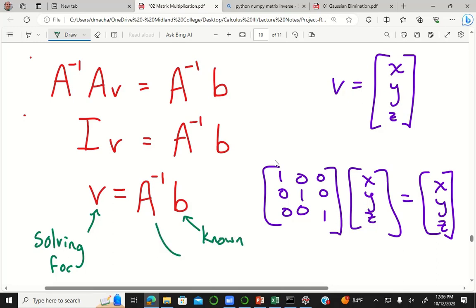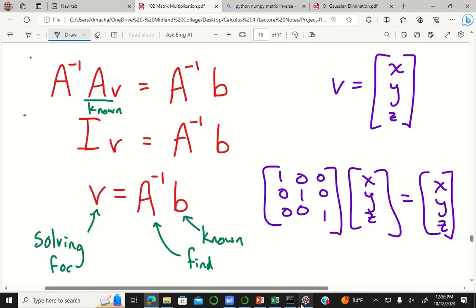And while we might not immediately know what A inverse is, we can find what A inverse is if we know what the matrix A is. So one way you could solve the matrix vector equation now is you could take the inverse of your matrix A, multiply that times b, and if you do matrix vector multiplication here, we can find out what v was.